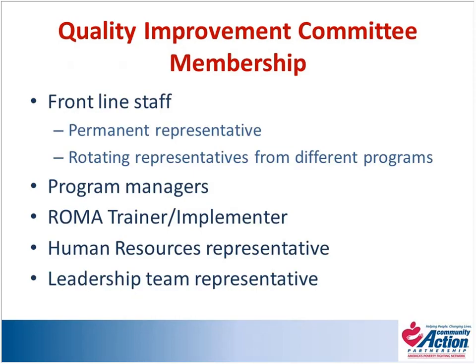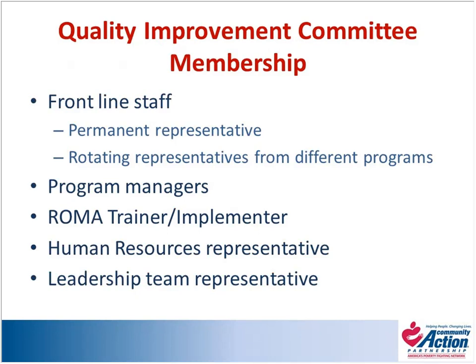So next, the Quality Improvement Committee membership, I think, could potentially include several types of staff. I would suggest that you would want at least a couple of folks from frontline staff, maybe a permanent representative who could speak directly to the day-to-day work that staff do. And then you might have a rotating representative from different programs.